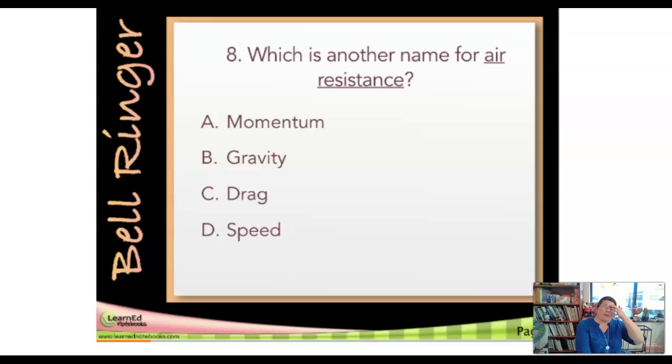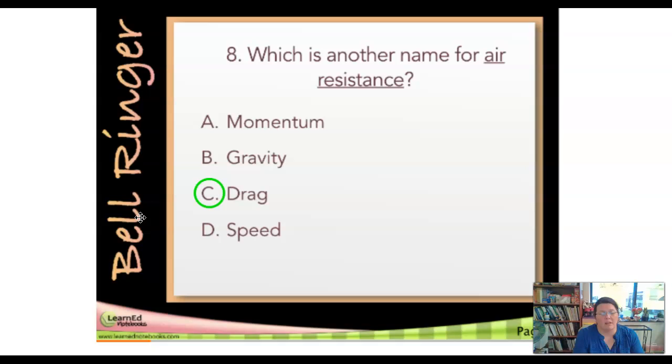You may need to think back to our field trip to NASCAR Hall of Fame. This air resistance is referred to this way a lot when we talk about racing. Did you say drag? It would be correct. Drag is the air resistance, and it's the friction from air.